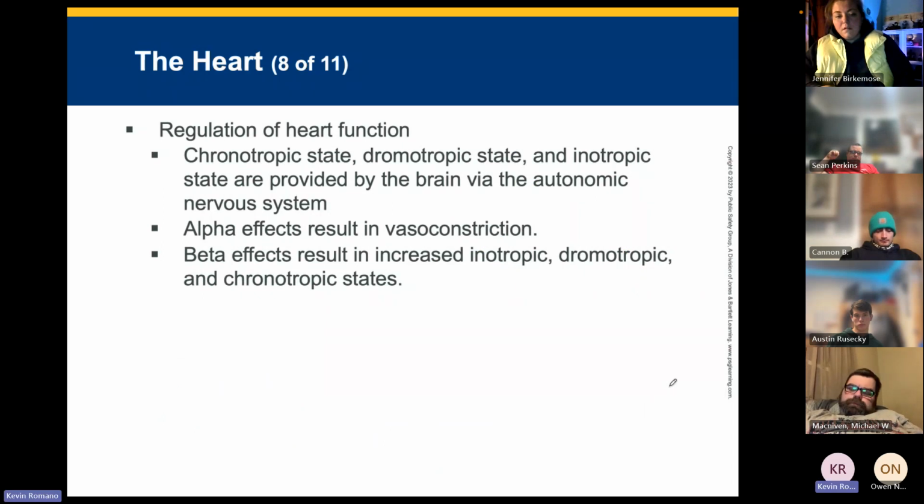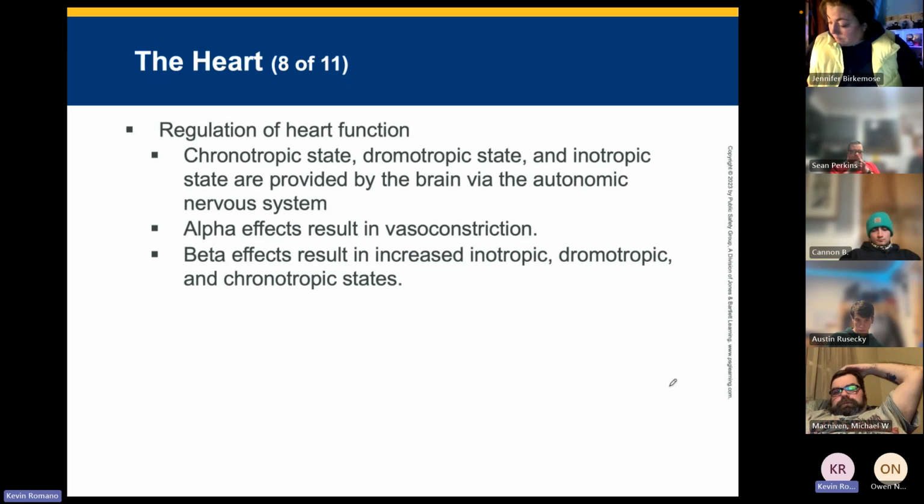So the heart's chronotropic state, dromotropic state, and inotropic state are provided by the brain via the autonomic nervous system. Baroreceptors respond to change in pressure, usually within the heart or the main arteries. Chemoreceptors sense changes in chemical composition of the blood, and stimulation of receptors often cause activation of either the parasympathetic or the sympathetic branches of the autonomic nervous system, affecting both the heart rate and contractility, right?